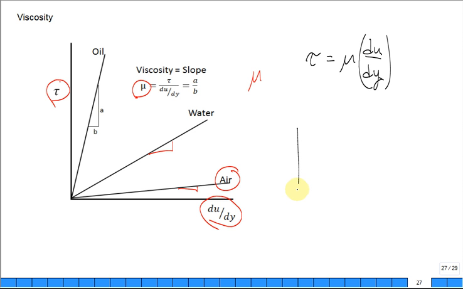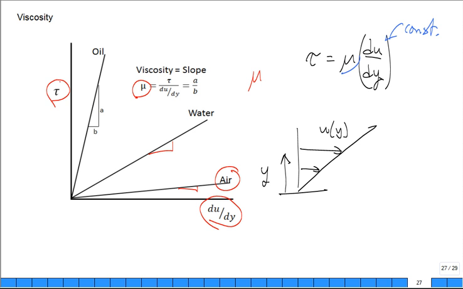So for that velocity profile, y is going up from the plate typically. u is a function of y, the x component of the speed, but it's linearly increasing with y. The rise over run, it's a constant. For this problem, this was a constant. And it gives you the viscosity, mu, as tau over du/dy. All right.